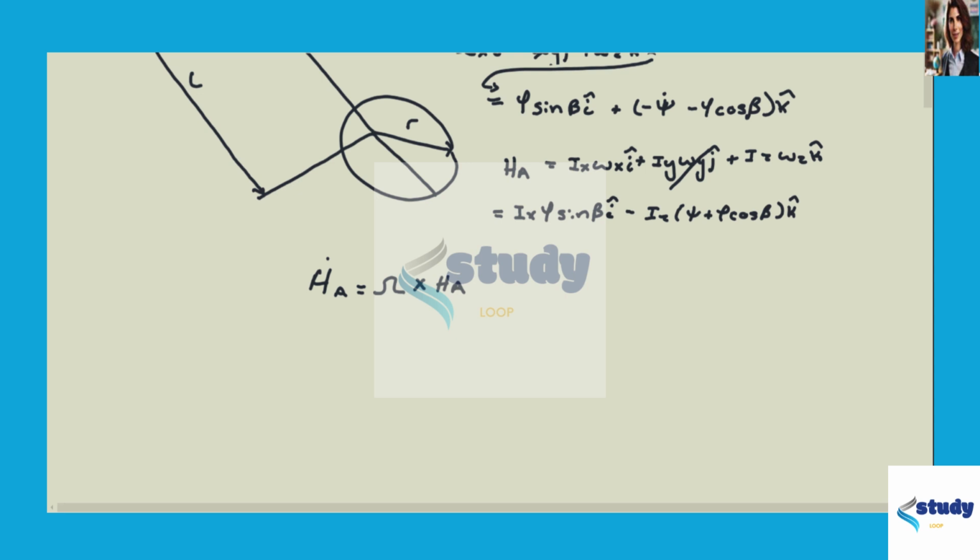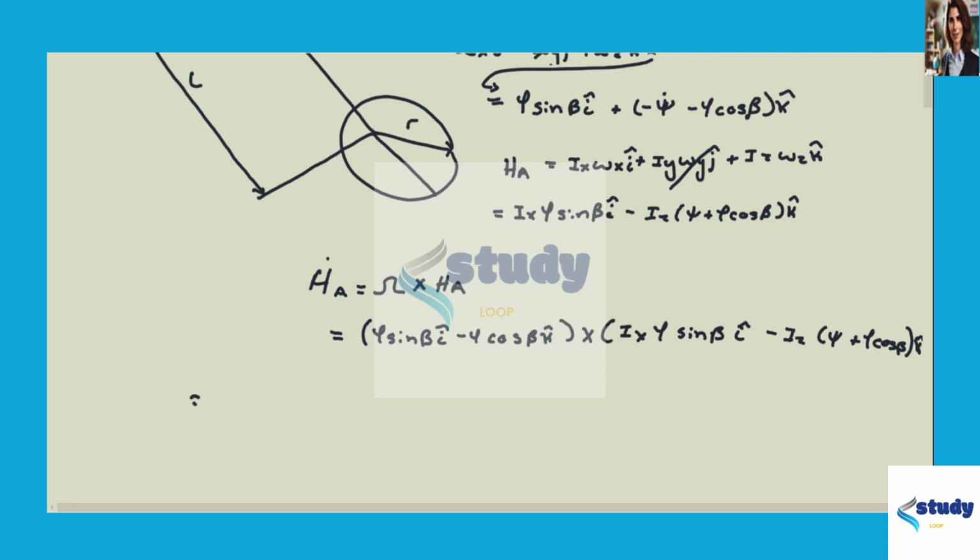And so that is going to equal phi sine beta i minus phi cosine beta k hat, cross product of Ix phi sine beta i minus Iz phi plus phi cosine beta k hat.